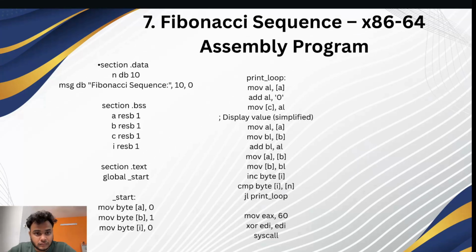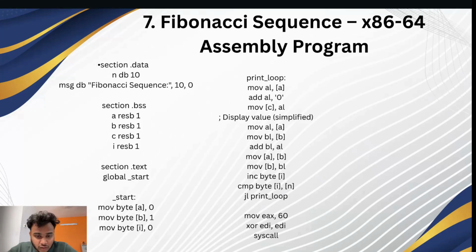Fibonacci sequence assembly program. Now let's move to the second part of the presentation, the assembly program. Here we have written some simple x86 assembly code that generates the first 10 numbers of the Fibonacci sequence. The program initializes two variables, a and b, with the values 0 and 1.